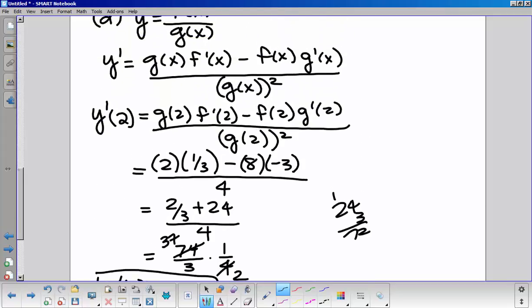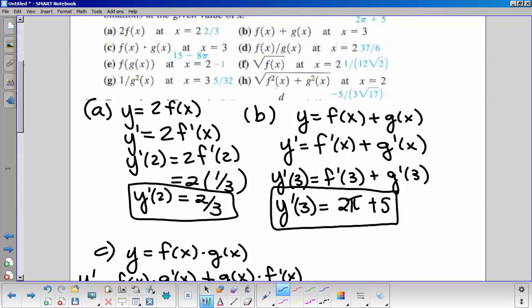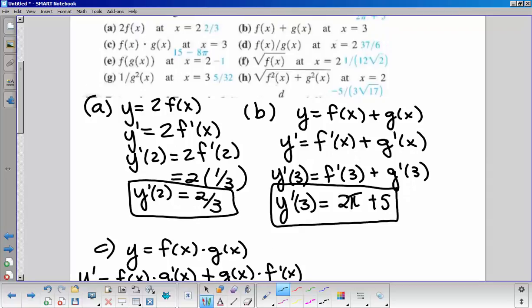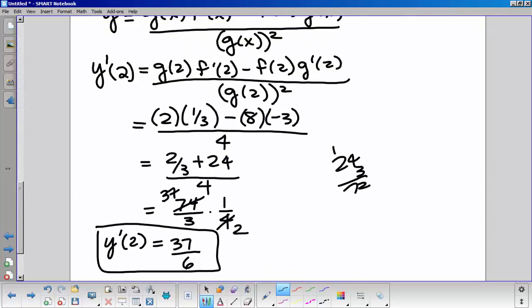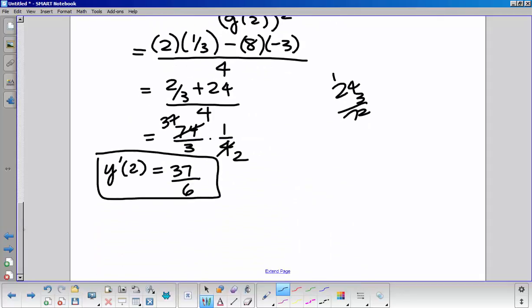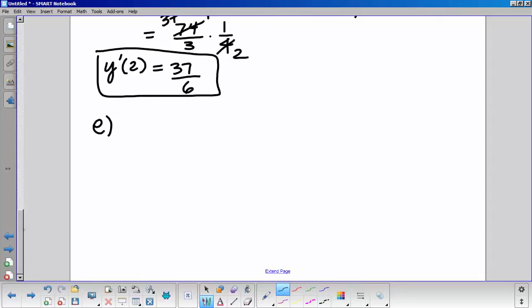All right, so that was using the quotient rule. D. E is the chain rule, the composite. That was D, now we're on E. We'll let y equals f of g of x. Now we're going to take the derivative of that using the chain rule. So what's the derivative of that?